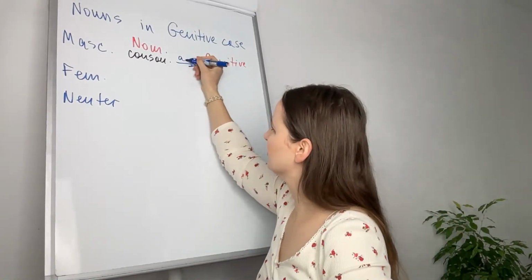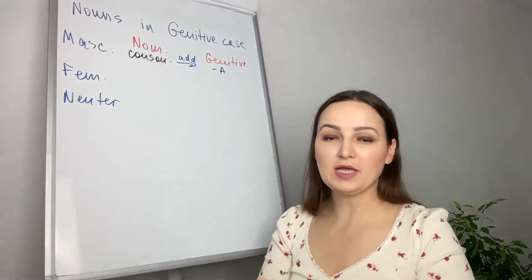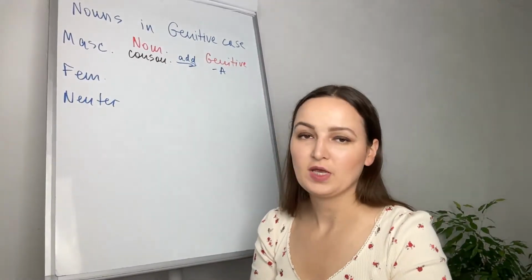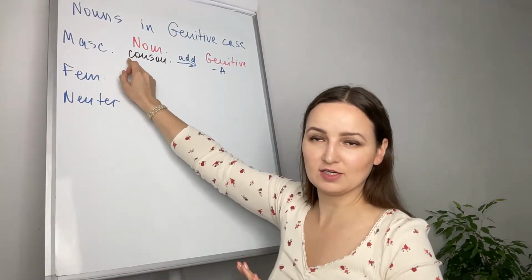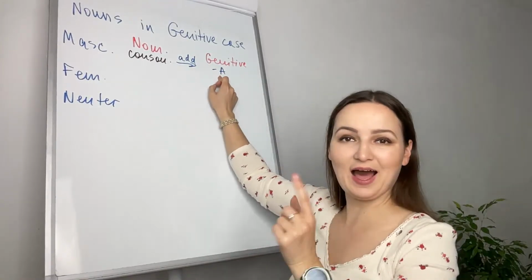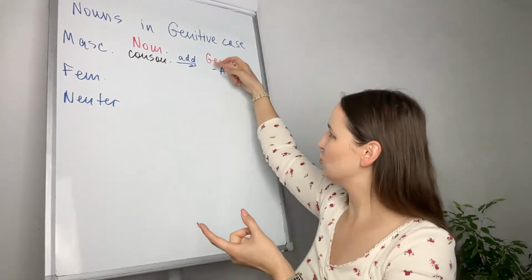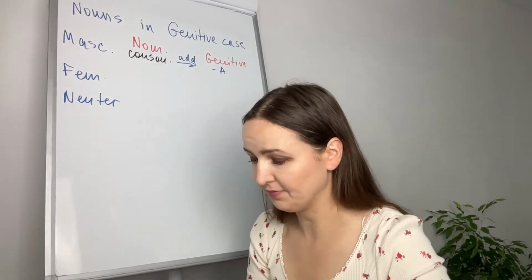So masculine, a word of masculine gender that ends in a consonant, in genitive we will add A to it, A ending, to make this word genitive, to change the case.